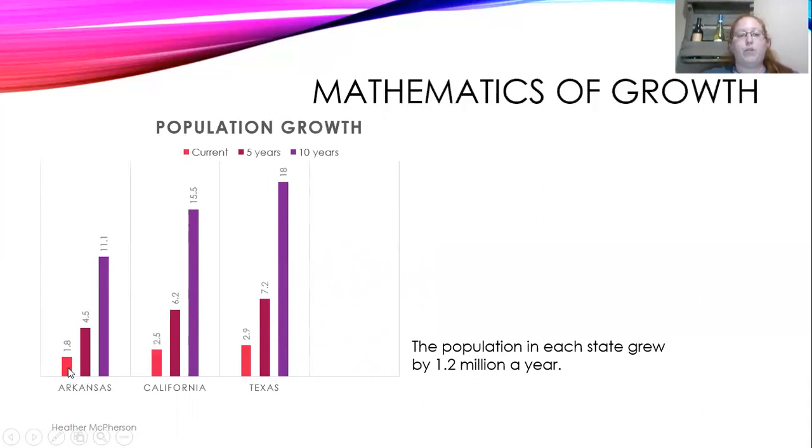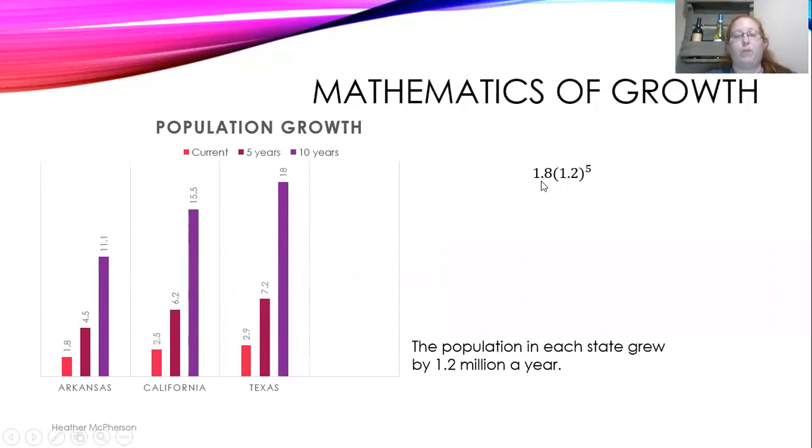So the original population was 1.8, and then you're going to multiply that by 1.2. But since we're looking for 5 years from now, you're going to have an equation that looks like this: 1.8 times 1.2 to the 5th power, because we're looking for 5 years.